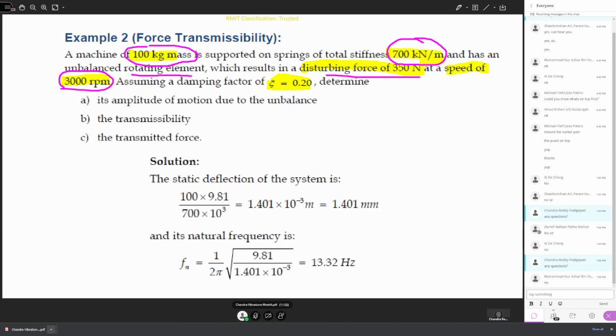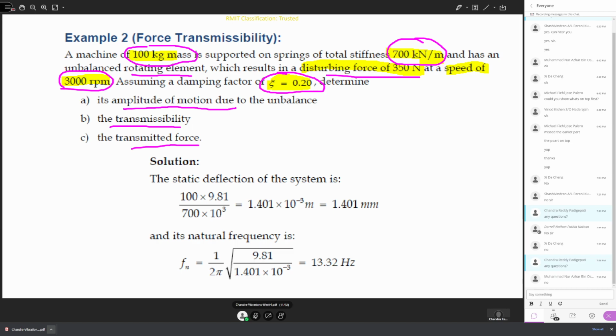You're asked to assume a damping factor of 0.2, or damping ratio. Under these conditions, you're asked to calculate the amplitude of motion due to the unbalance, the force transmissibility, and the amount of force transmitted.